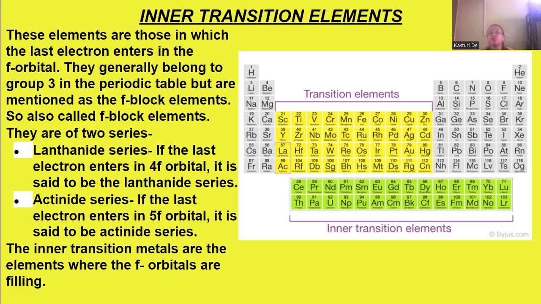If the last electron enters the 4f orbital, it is the lanthanide series, and if it enters the 5f orbital, it is the actinide series. The inner transition metals are the elements where the f orbitals are being filled.